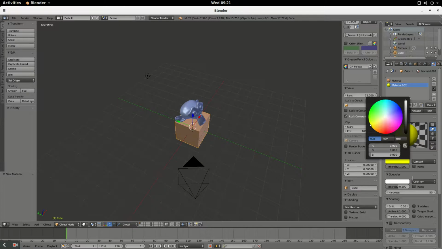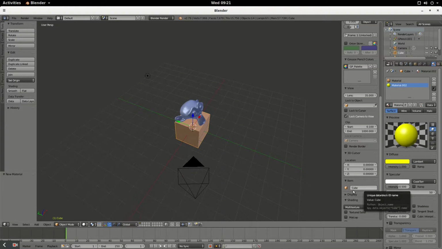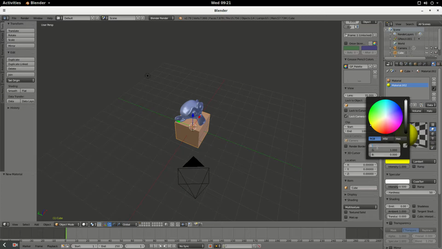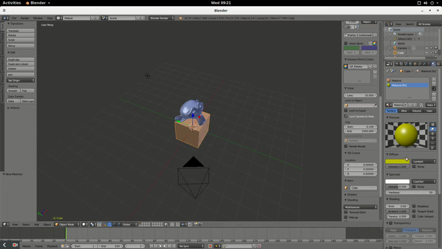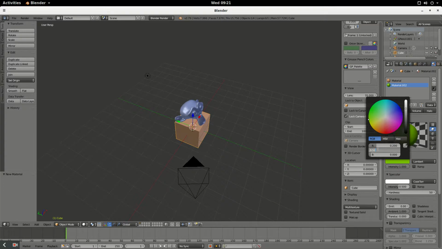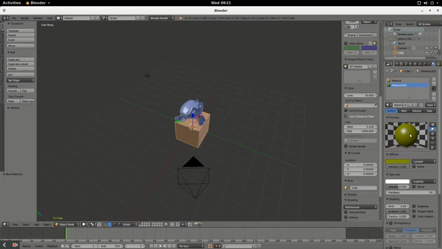What I want you to understand is that if you put lower values, not 1, if you put, let's say, 0.5, this is still yellow, but a slightly darker tone of yellow. If I reduce the number, let's say 0.2, see?